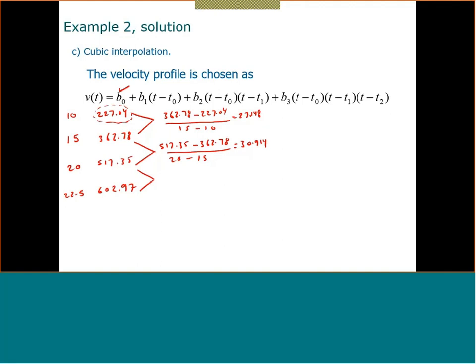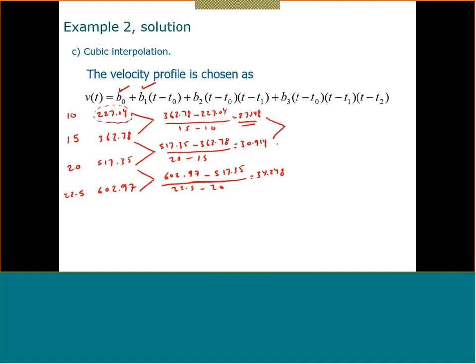Finally, the last one, 602.97 minus 517.35 divided by this minus this, which is 22.5 minus 20, and this will give me 34.248. Okay, now I found B1, which is this.